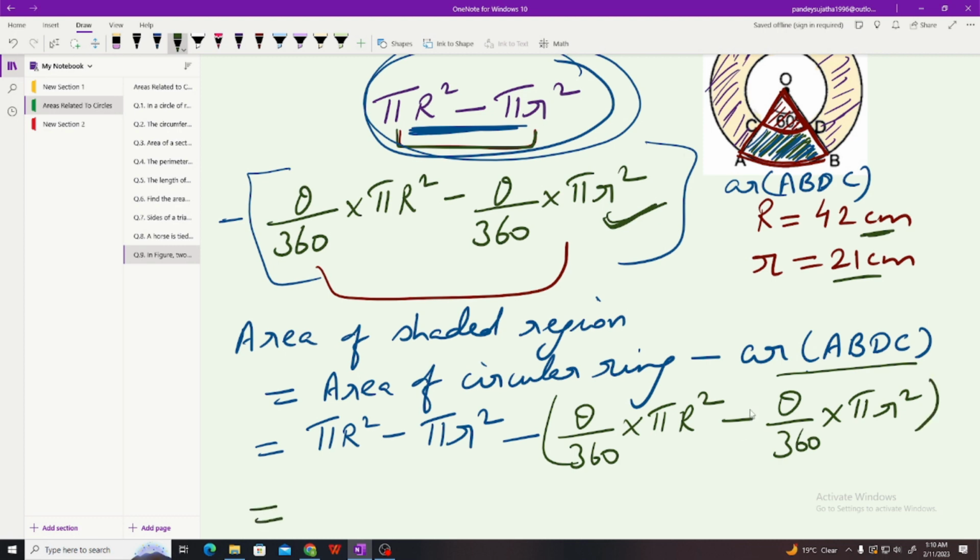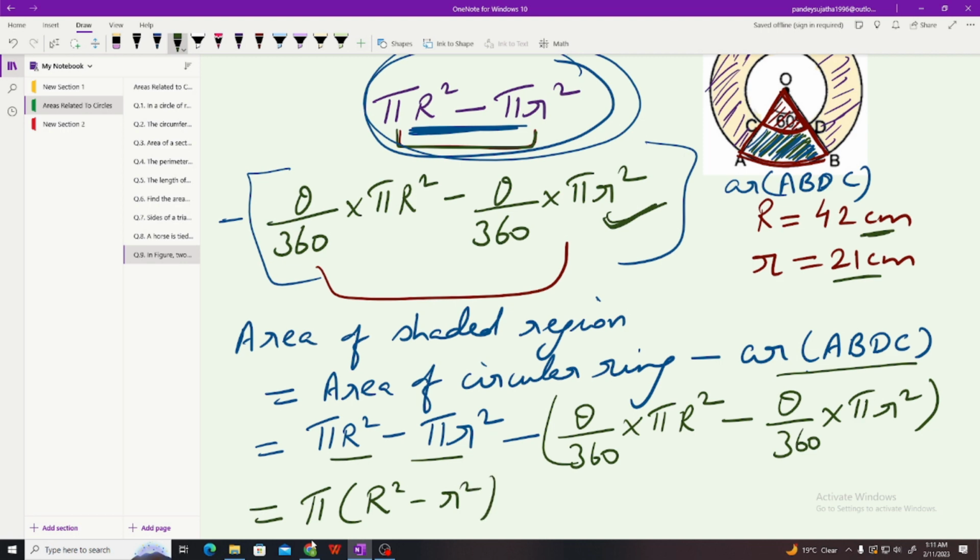So now just see, in these two terms pi is common, so we'll take the pi common out, and inside the bracket it will be R square minus r square.